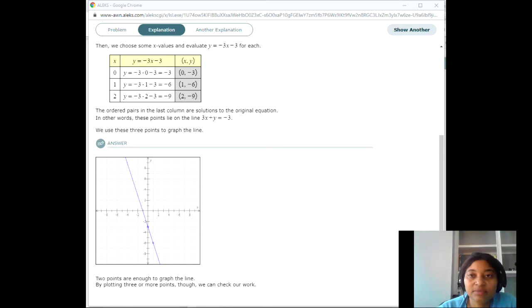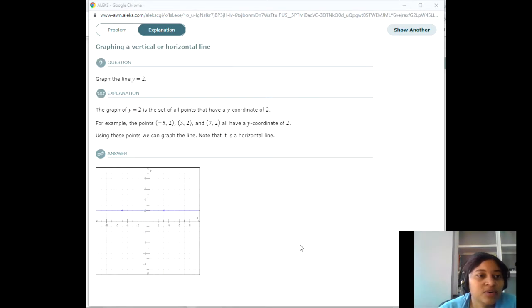Graphing a vertical or horizontal line. Graph the line y equals 2. So here we know already that the horizontal line is the x, and the vertical line is the y. Here we would go up to 2 because it said y equals 2.